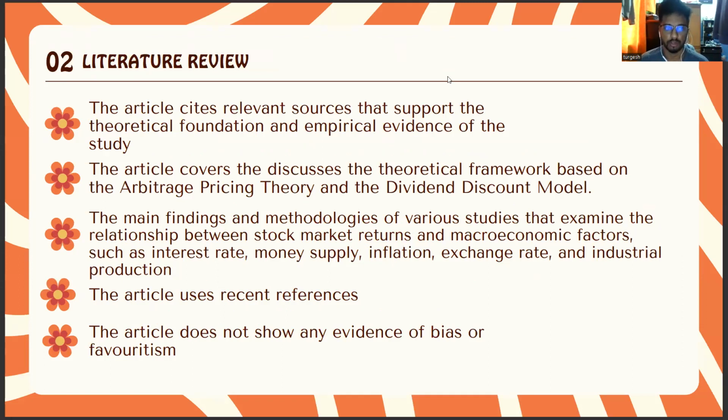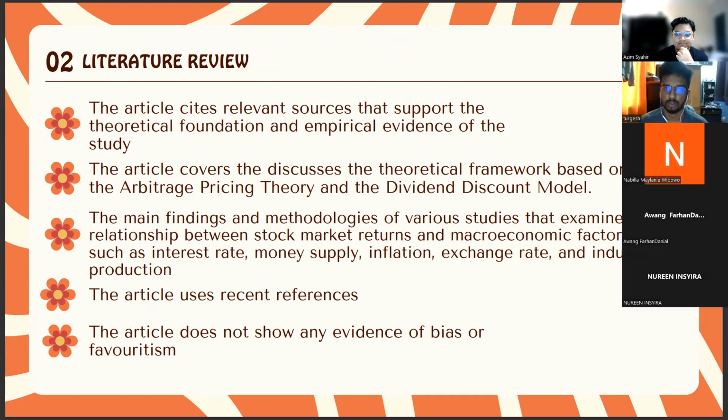So, as for the literature review, this article cites relevant sources that support the theoretical foundation and empirical evidence of the study. And this article covers the discussion and theoretical framework based on the arbitrage pricing theory and the dividend discount model.